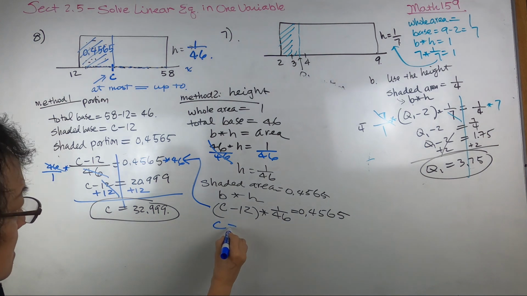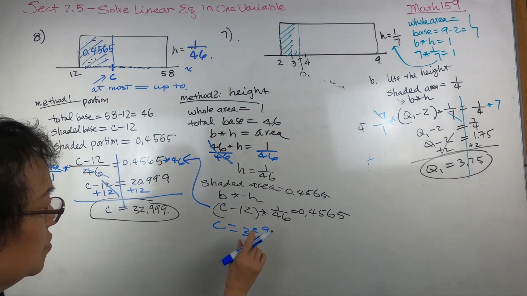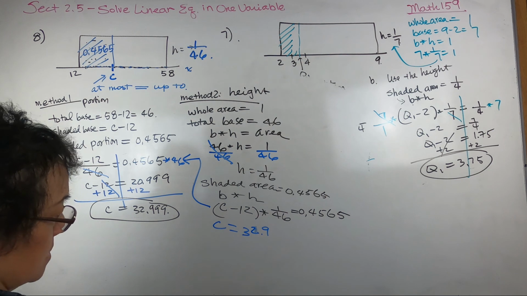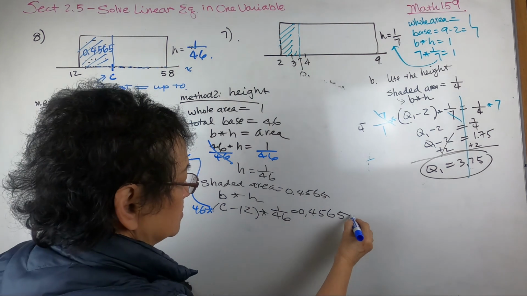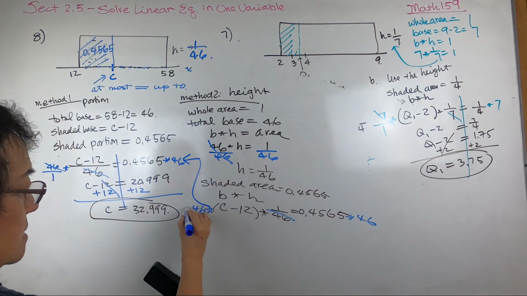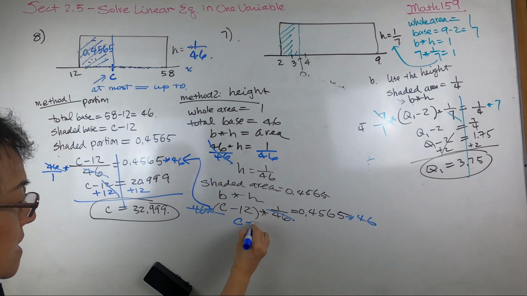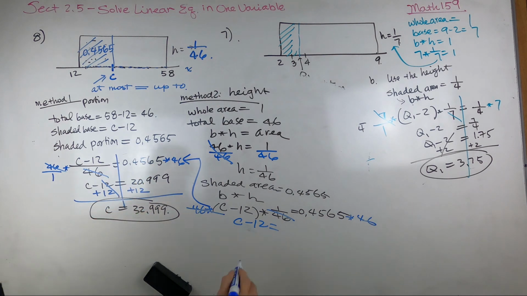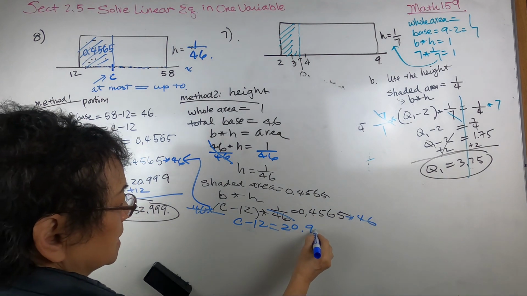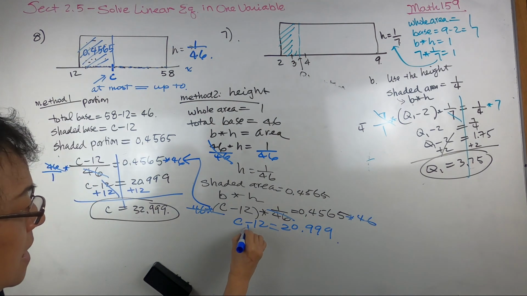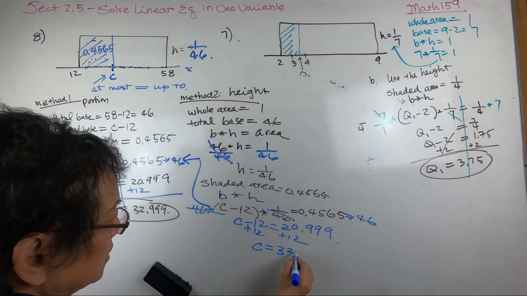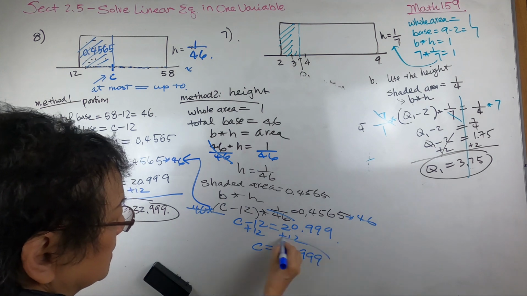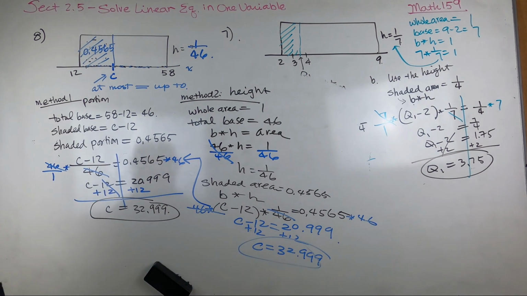You end up with c is 32.999. Same thing, you multiply by 46 on both sides, you cancel, then c minus 12 is 20.999. Then you add the 12 on both sides. You get the same value of c. You will get the same answer, right?